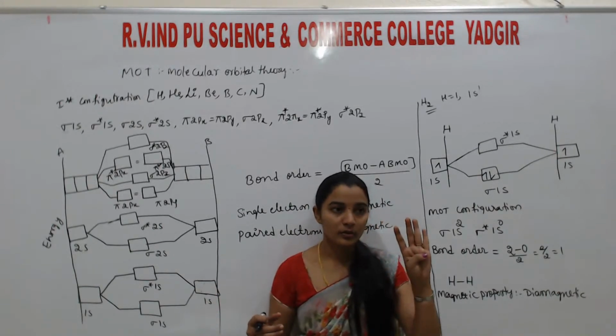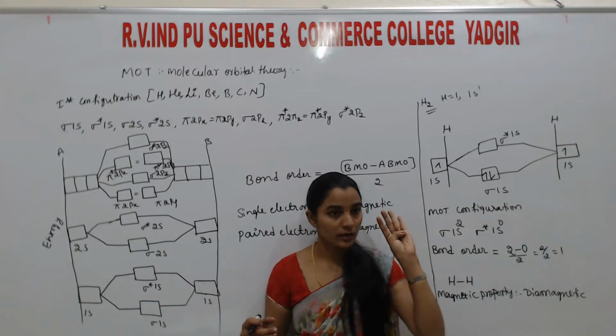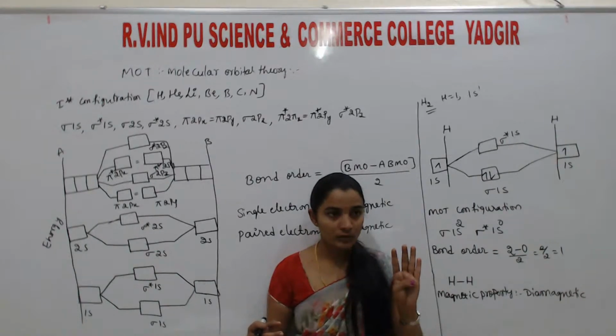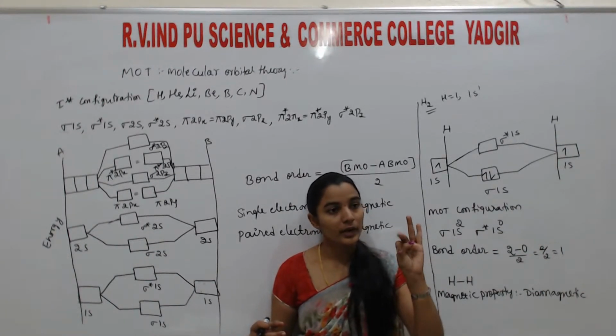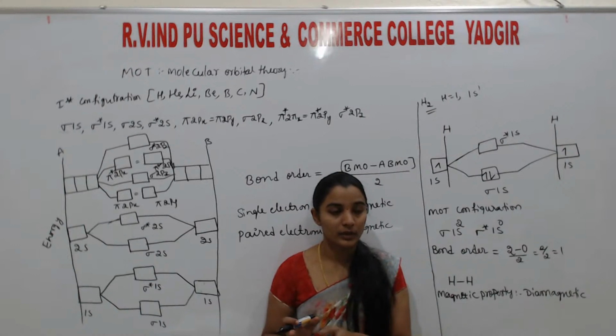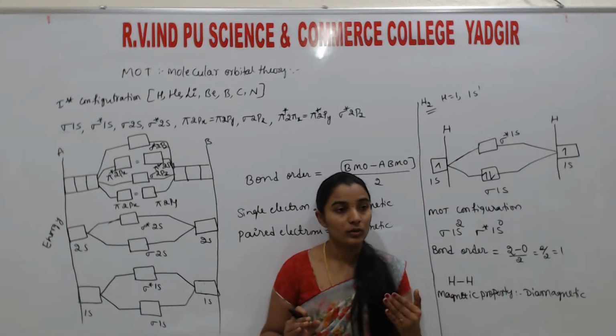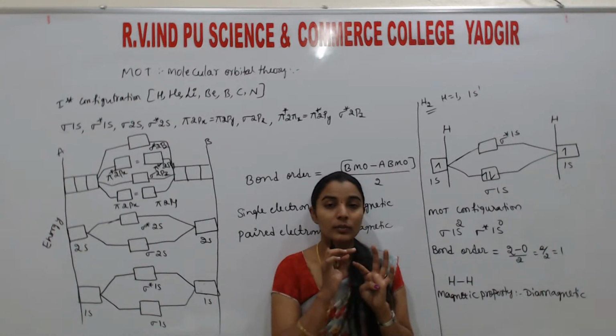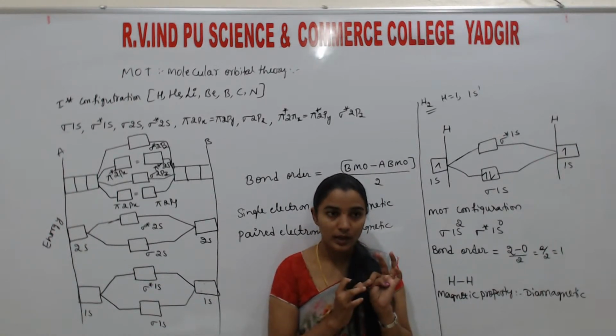Look, sigma 2pz, pi 2px, pi 2py. Are you getting? Sigma star 2pz, pi star 2px, pi star 2py. P orbital: if you take 3p orbital instead of 2, sigma 3pz, pi 3px, pi 3py.